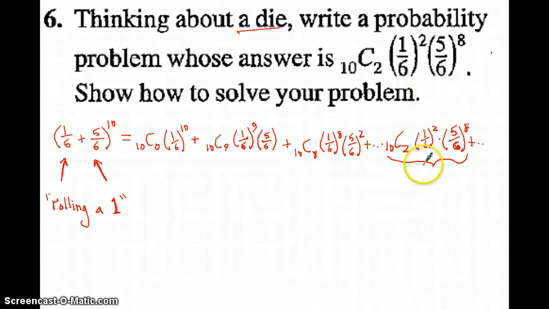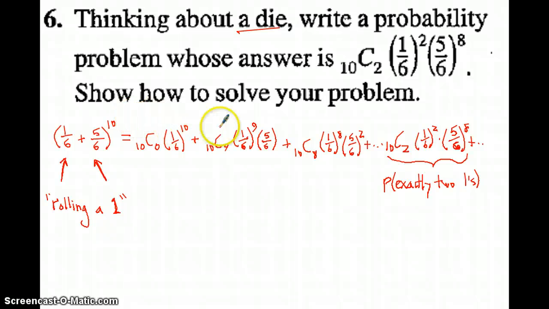When I get to this one, this would be the probability that I rolled the 1 twice, so probability of exactly 2. Write out the word 2 so it doesn't look like the number 2. Exactly 2 successful 1s out of the 10 rolls. So that means it had to be 1 twice, and not 1 the other 8 times. I had to actually fail the other 8, and this is that probability.